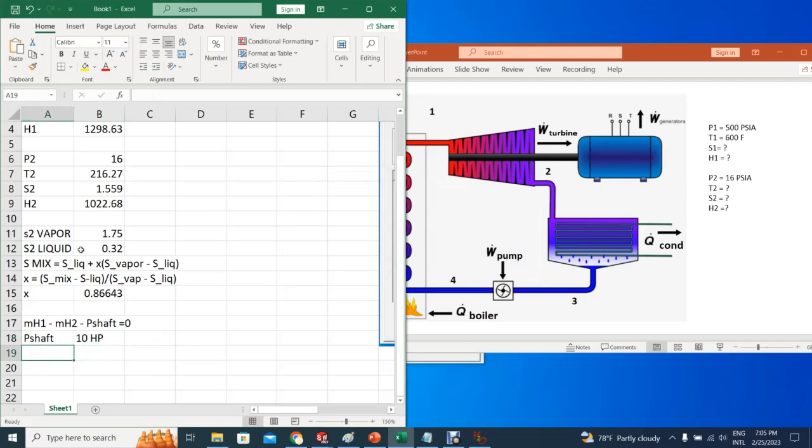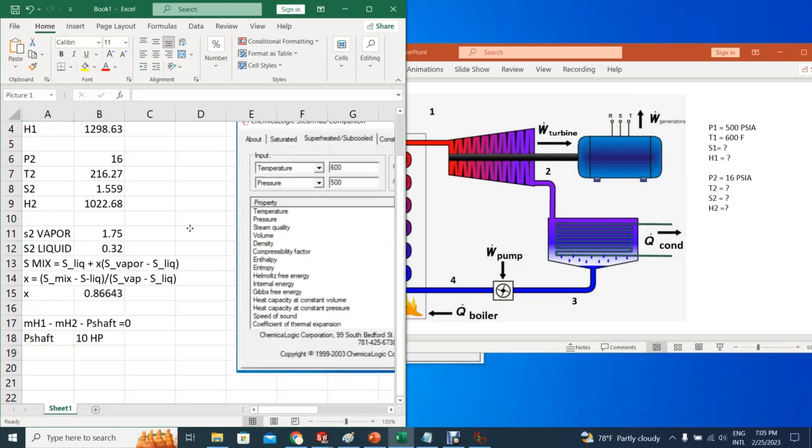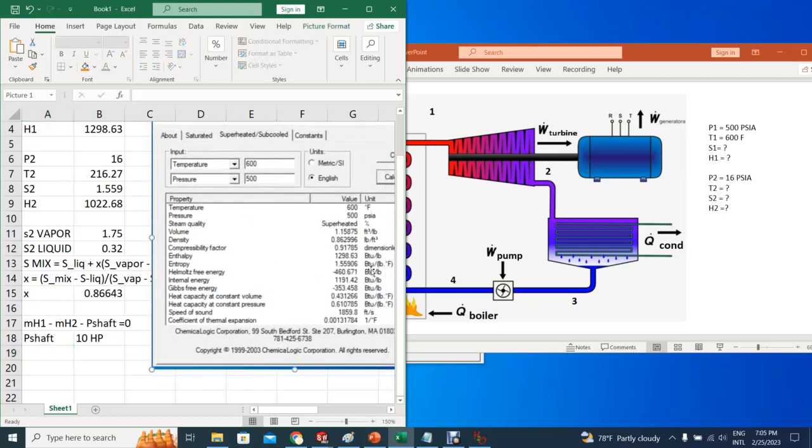That's where the units become very important. As you remember, I'm using BTU per pound, meaning that this horsepower and the unit that I'm using right here are not compatible, so something needs to be changed. Either horsepower to BTU, or, make up your mind, let's change the horsepower. So P shaft is going to be converted now.